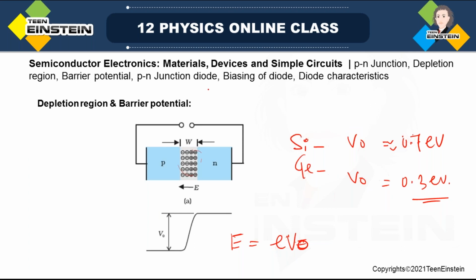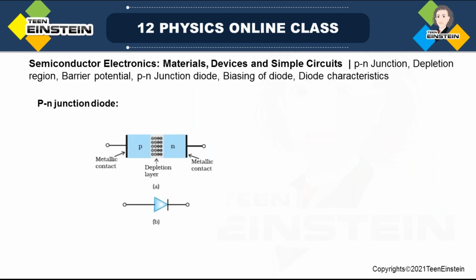Now we have covered already the PN junction and how the PN junction forms a barrier potential. Then PN junction diode, we will be learning now. Okay, so what is a PN junction diode? We'll learn in the next section.